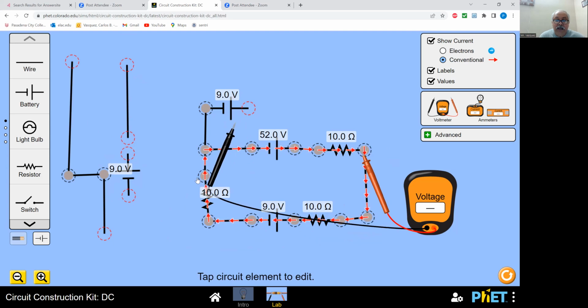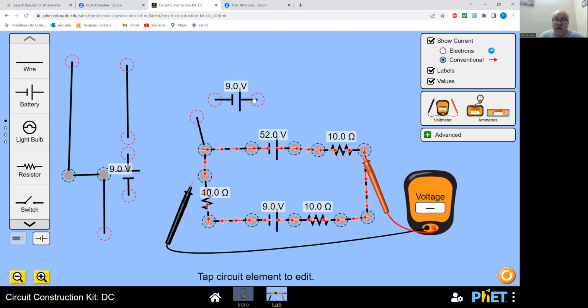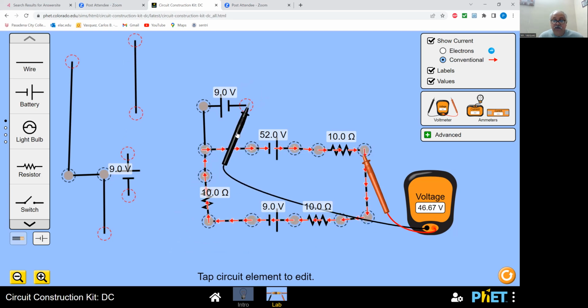Now, what happens if we reverse the battery in this way, and repeat and find the potential difference? Let's do it. Now, in this case, again, we are working on this zero, correct? It means that the difference is gonna be more. Because before, the negative was connected to the zero, it was like this, correct?